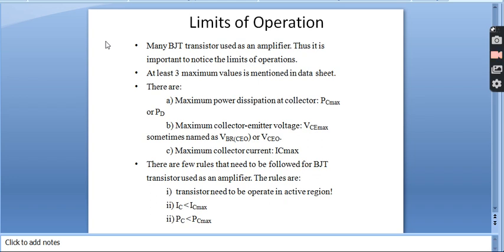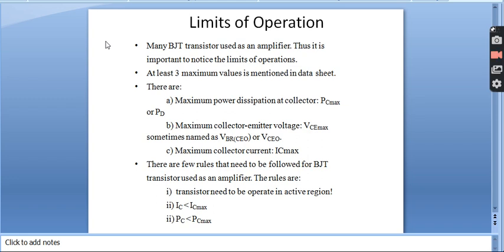They are maximum power dissipation at collector, that is PD maximum or PC maximum. Next, second point, maximum collector emitter voltage, that is VCE maximum, sometimes named as VBR, breakdown voltage, or VCEO. Next, third point, maximum collector current IC maximum.